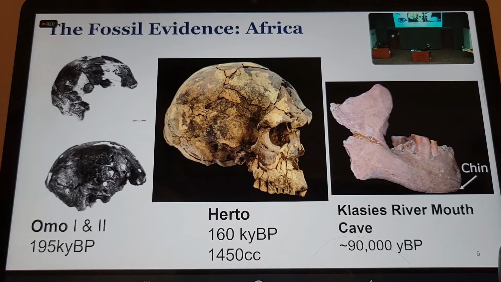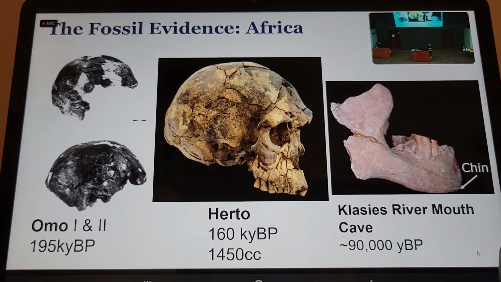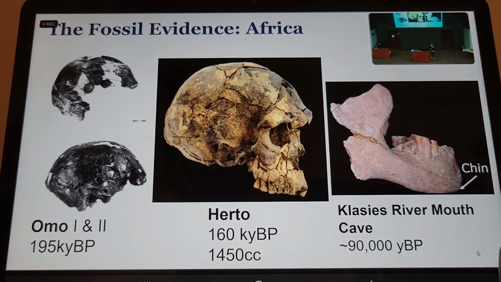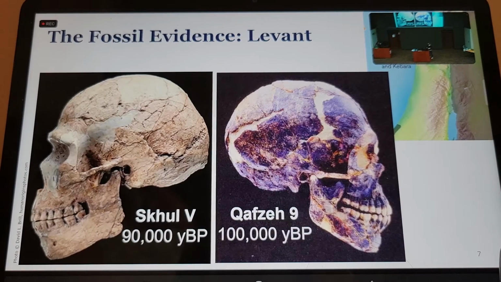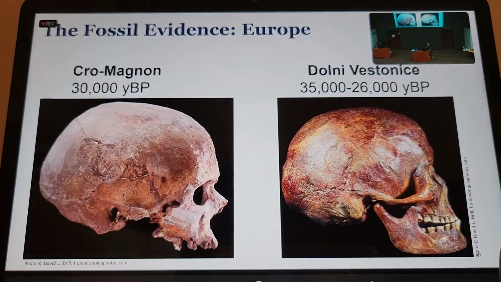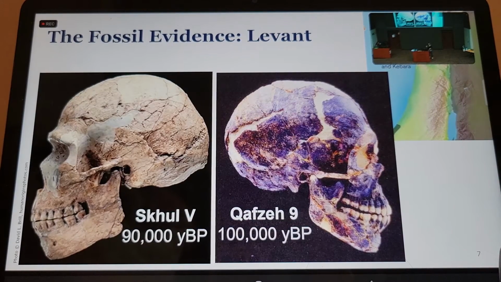Klasies River Mouth, the site from South Africa, this particular mandible dates to about 90,000 years before present, and you can clearly see that anteriorly projecting chin that is so characteristic of anatomically modern humans. The question of why is an interesting one that is still being debated. From the Levant, or the Middle East, we have sites such as Skhul, which is in Israel, and Qafzeh.